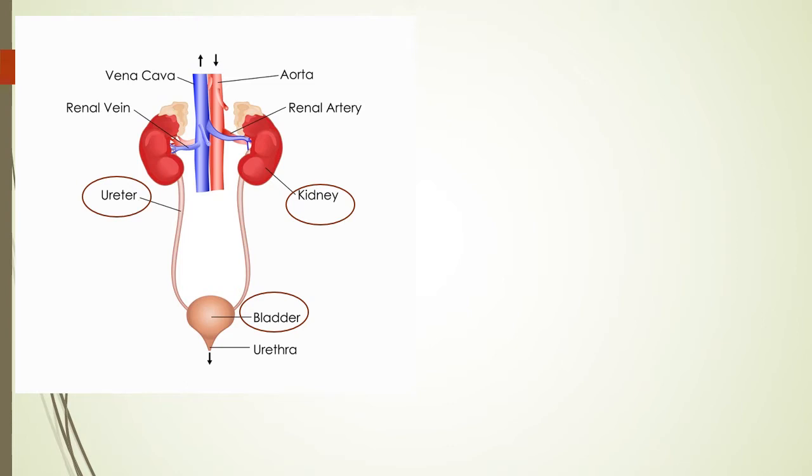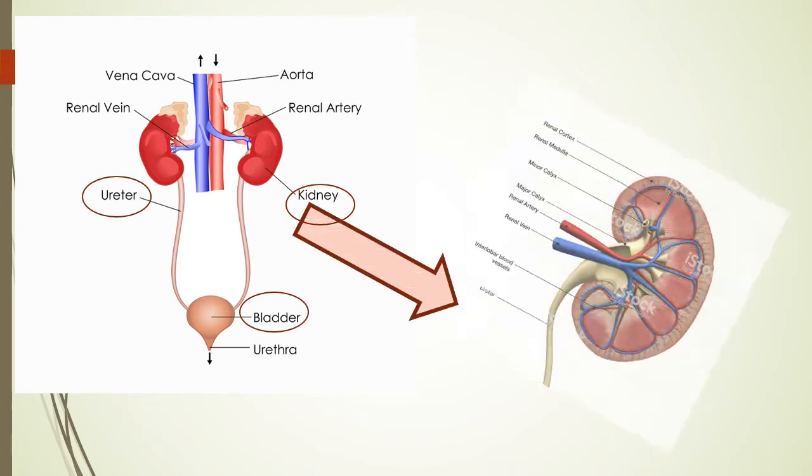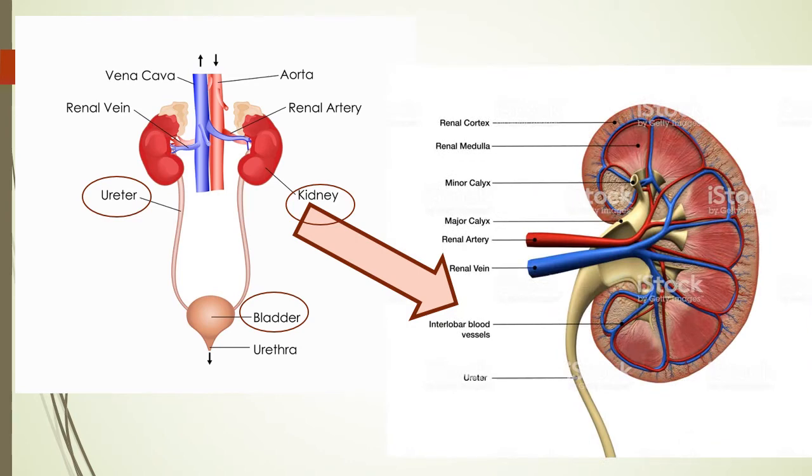So how is it done? For that we need to go through the structure of the kidney in detail. Let's have a look. Here, this is the renal cortex and this is the renal medulla, the outside structures.